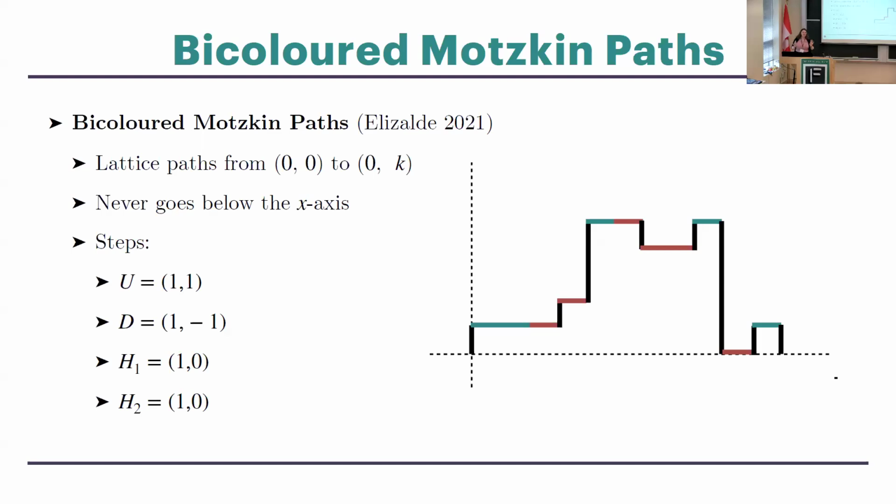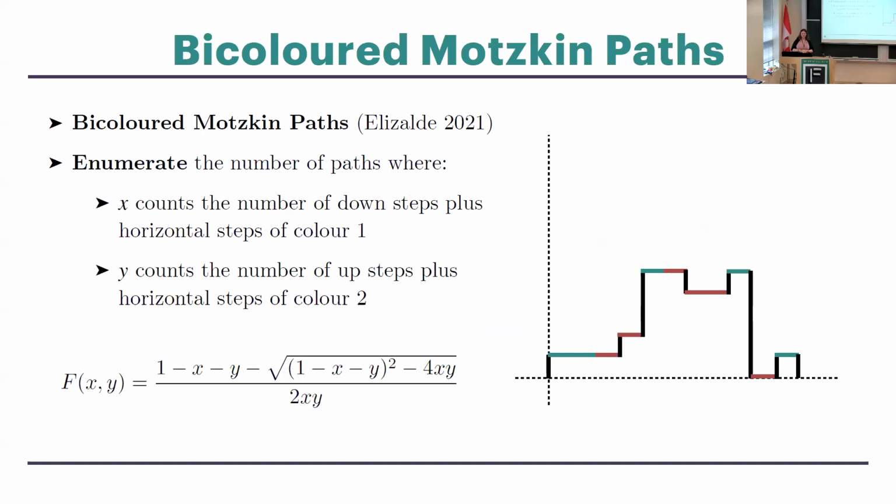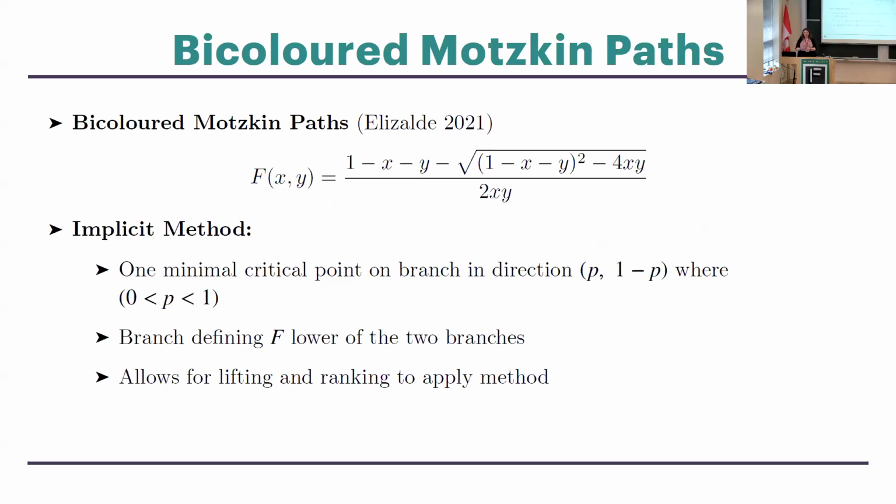It doesn't matter which horizontal step is which color for this example, just that there are 2 colored steps. And we say we want to enumerate the number of paths where X counts the number of down steps plus the horizontal steps of the first color, and Y counts the number of up steps plus the horizontal steps of the second color. We get a lovely generating function, and we can apply the implicit method.